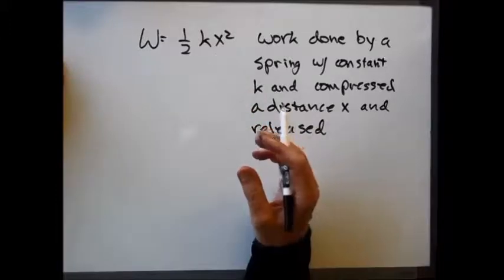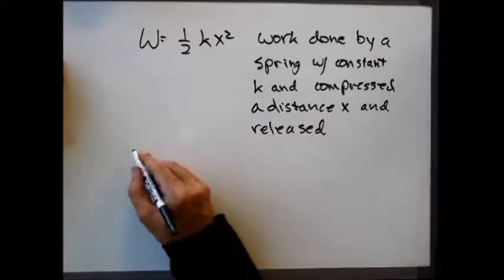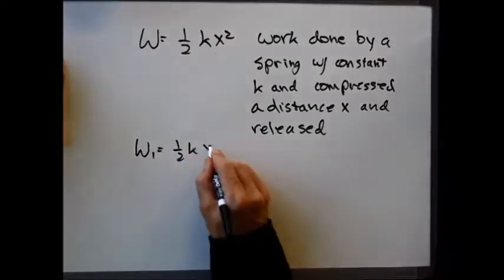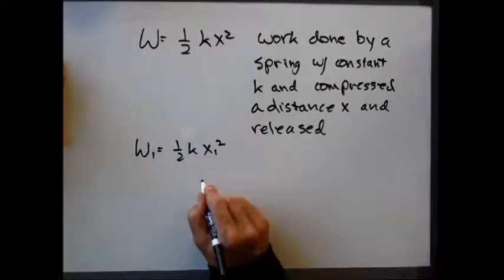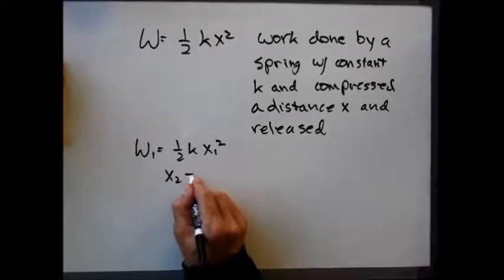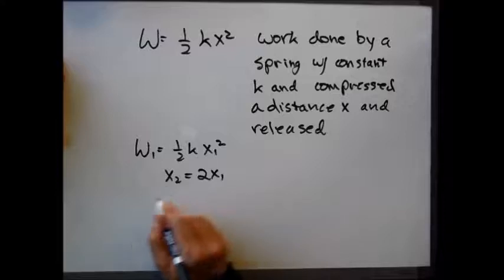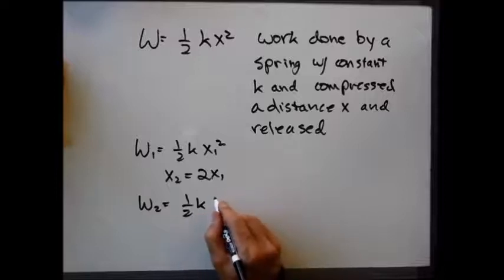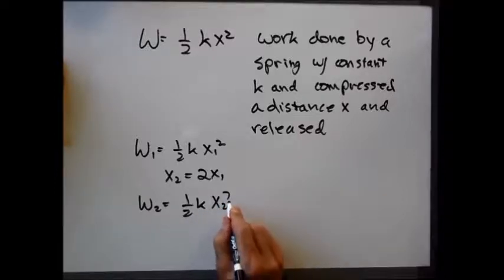Notice if we compress it twice as far, so if we say W1 is equal to 1/2 k x1 squared, and then we decide next time I'm going to press it by a distance which is twice x1, I get W2 is equal to 1/2, the same spring constant, times x2 squared.